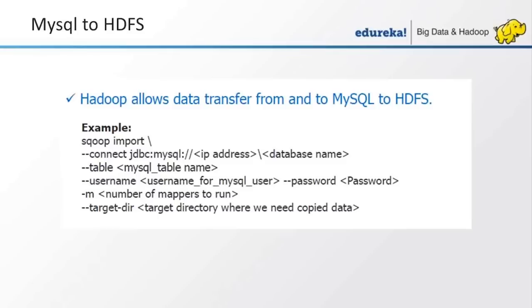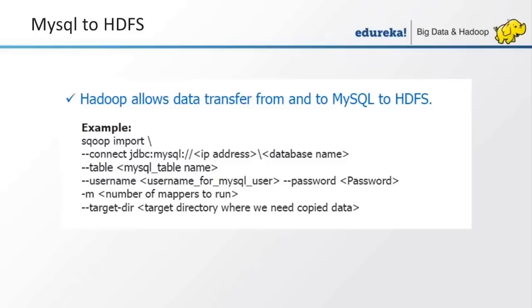For Sqoop, import is a keyword: sqoop and then import. The other keyword that you use is connect. Through the connect keyword, you mention the location of your relational database system and the database name, and through the table keyword you tell from which table you need to extract the data.